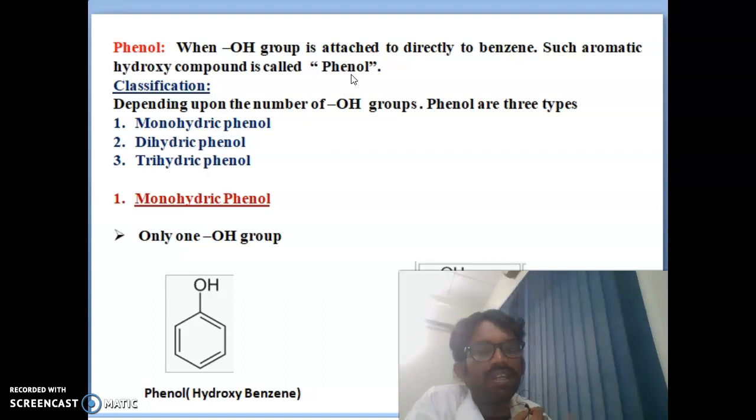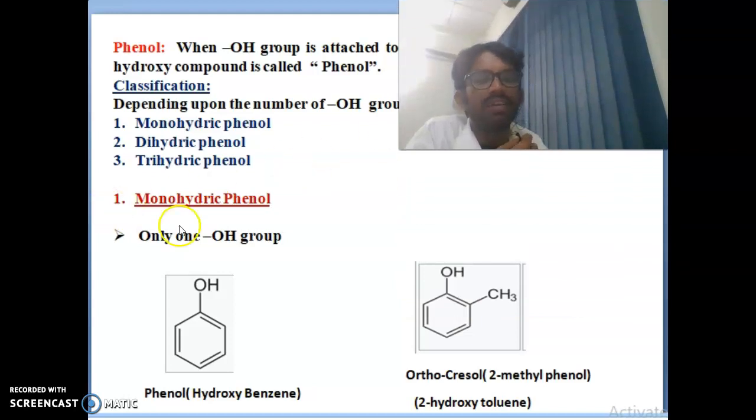Depending upon the number of OH hydroxy groups, phenols are of three types: monohydric phenol, dihydric phenol, and trihydric phenol. In monohydric phenol, only one OH group is there; that is phenol, or simply hydroxybenzene.